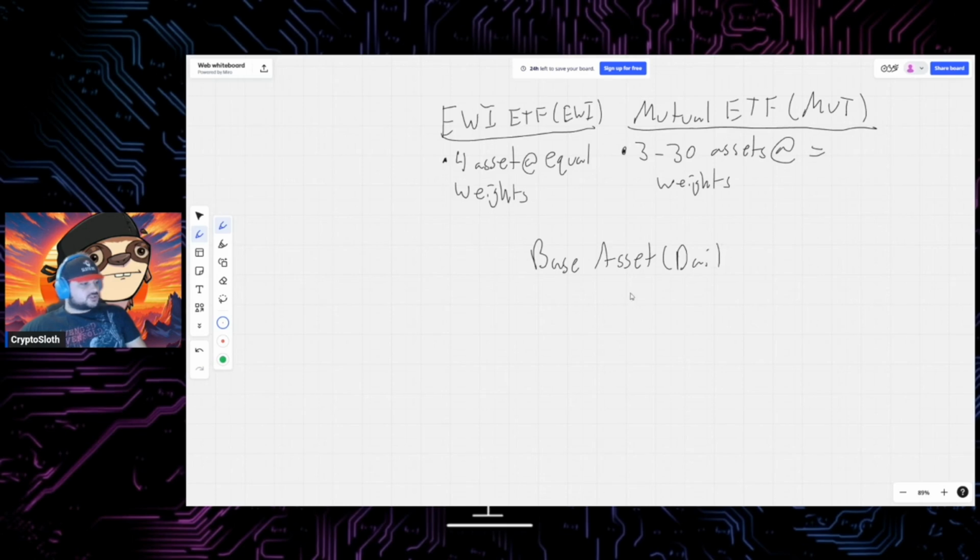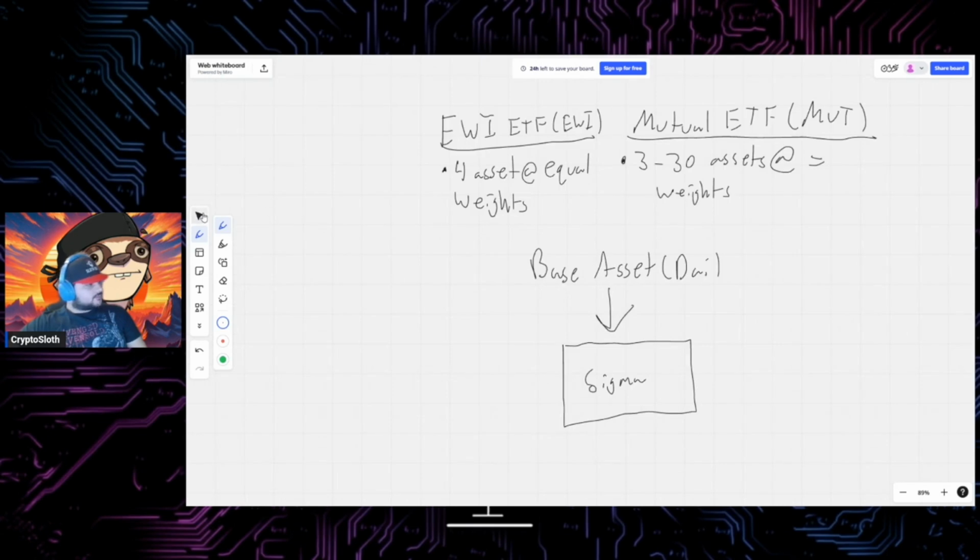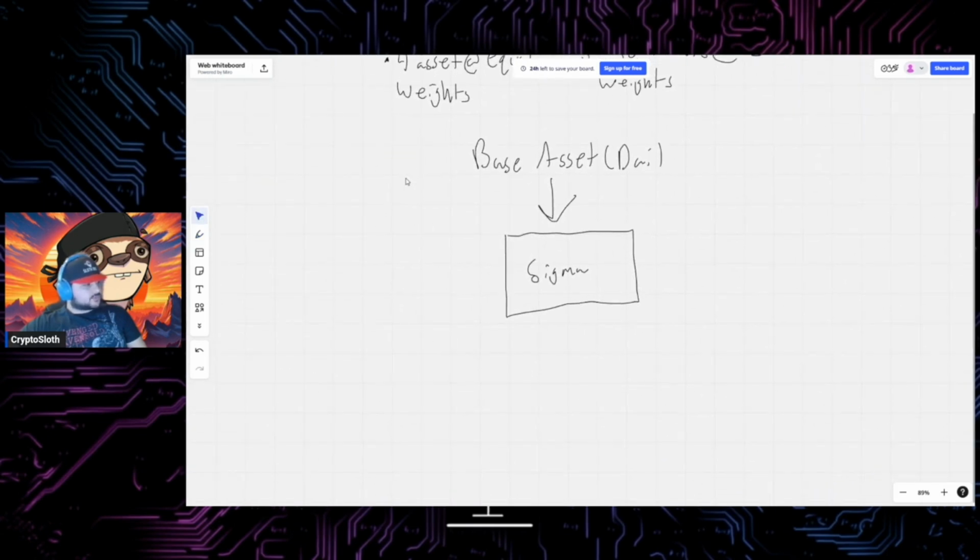And what you can do is deposit this base asset into the Sigma protocol. And then what the Sigma protocol will do is swap that asset for the ETF assets. So if we're doing an EWI, it's 4 assets at 25%.